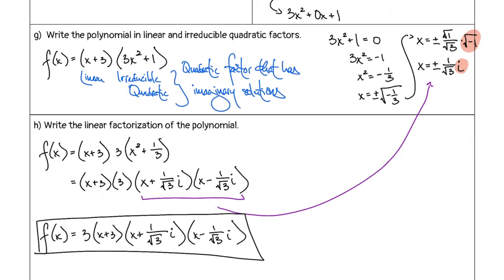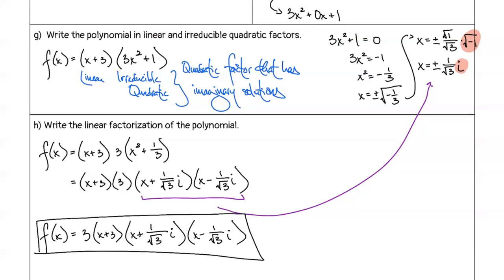I actually have a question. It's kind of like what I asked on Discord. Technically, that plus or minus 1 over the square root of 3i is a 0. But whenever you ask a question like find the x and y-intercepts, that isn't part of the x-intercepts, right?